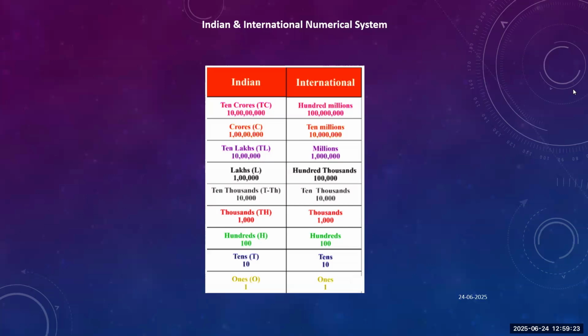If you understand this, it is very easy for you, because a lot of times some people will talk in millions, billions, and some people will talk in crores, 100 crores, 1,000 crores. So we must understand both the systems. 10 million is a crore, simple. 1 crore means 10 million. From there you can just build it up. 100 crores is 1 billion.